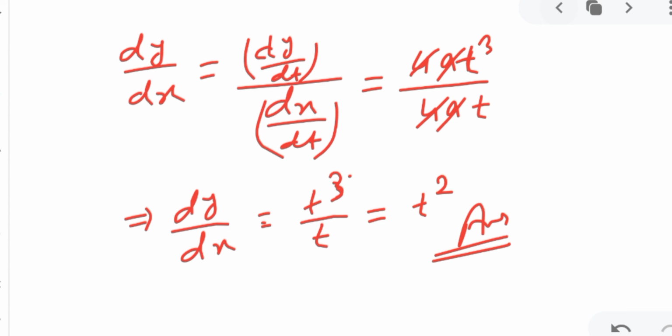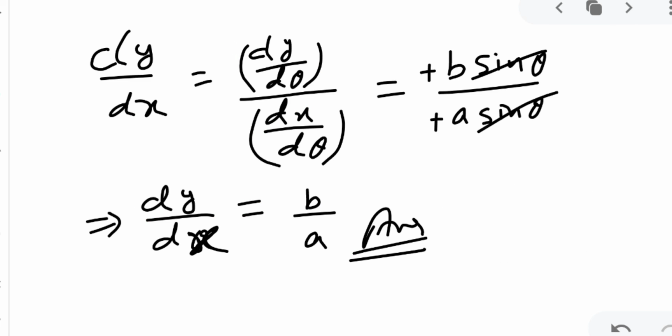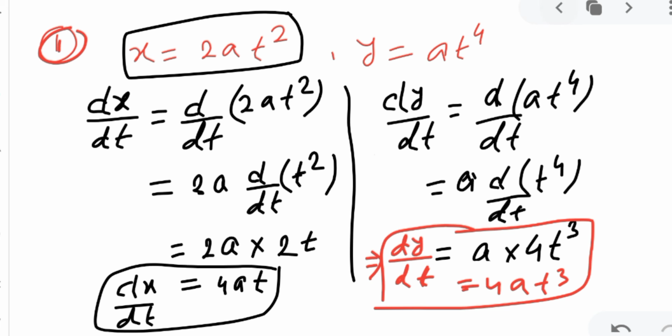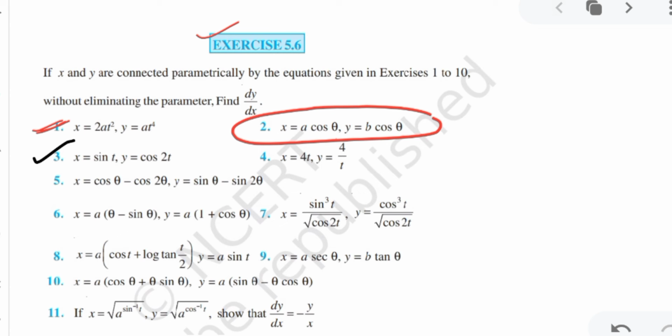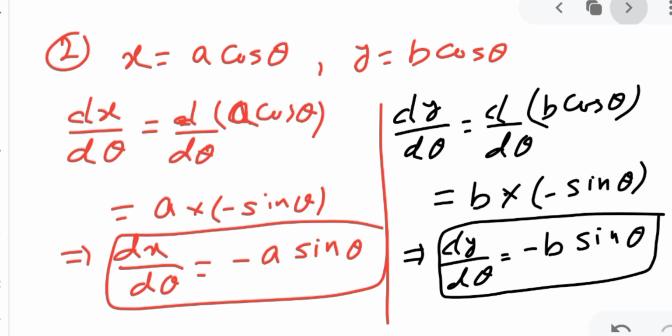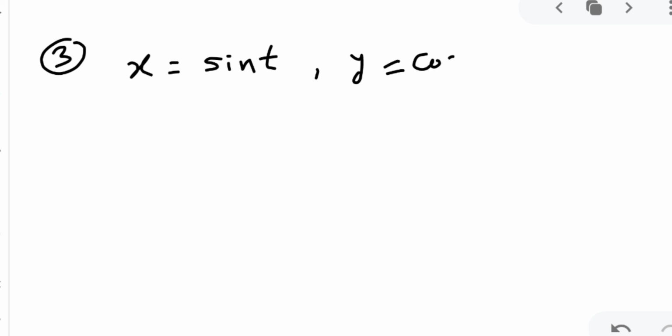Okay, so this is the second question, and we have completed it. Now we are moving to the third question. We have to find the derivative dy upon dx, where x is given as sin t and y is given as cos 2t.